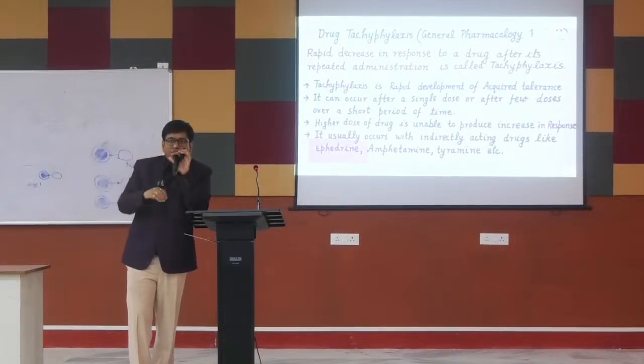Now again, if you give ephedrine, the amount of noradrenaline available is very low. Noradrenaline synthesis is not that fast. So again, if you give ephedrine, noradrenaline is not available. So the clinical response comes down.